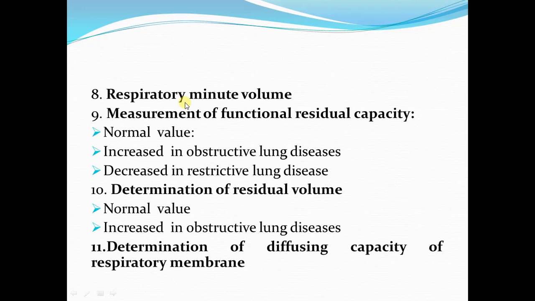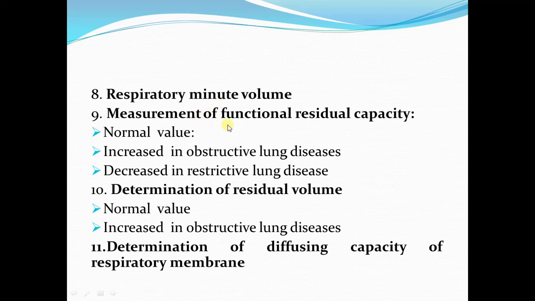So tidal volume is 500 ml, and when we multiply the tidal volume with the respiratory rate, what we get is the respiratory minute volume. So multiplying 500 with 12 will give us 6000 ml or 6 liters. So 6 liters of air moves into the respiratory passages each minute, which is the normal respiratory minute volume.